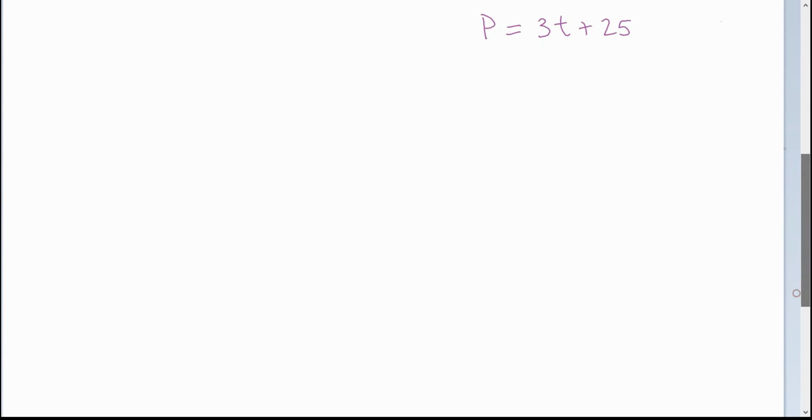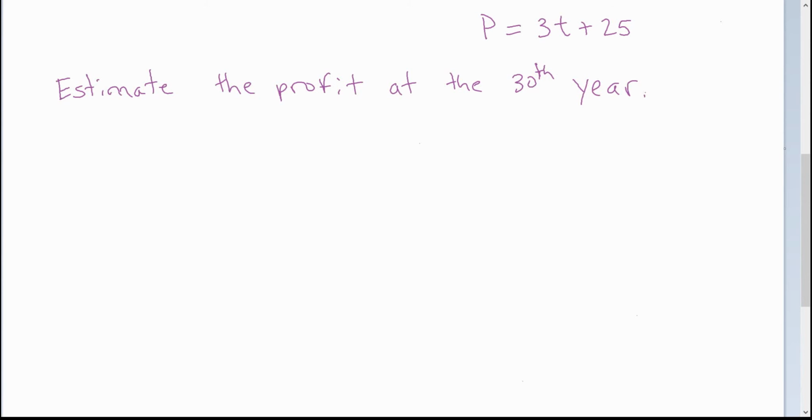So if the question is, estimate the profit at the 30th year, we just need to sub in t equals 30 into the equation. 90 plus 25, 115.